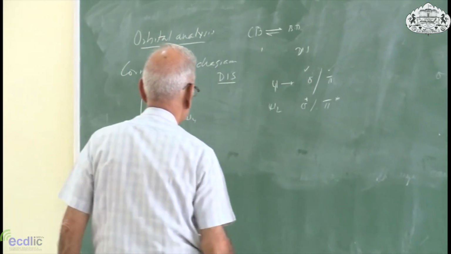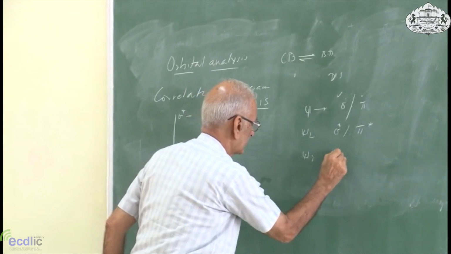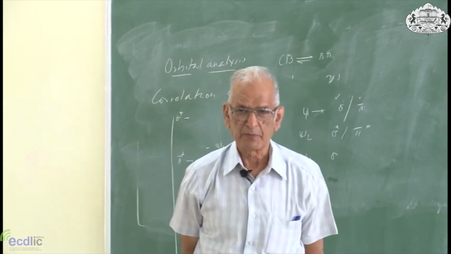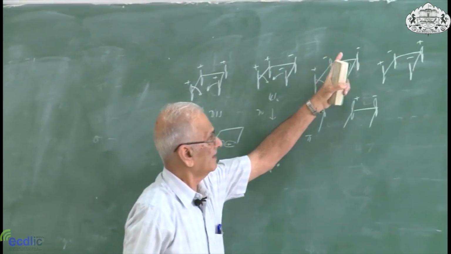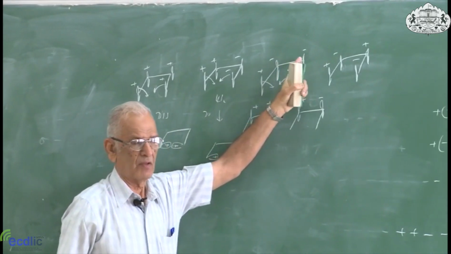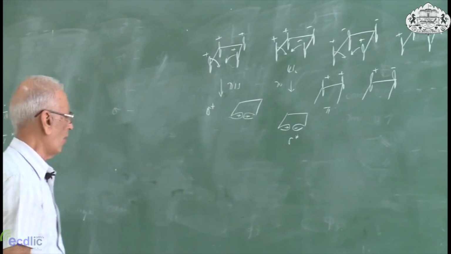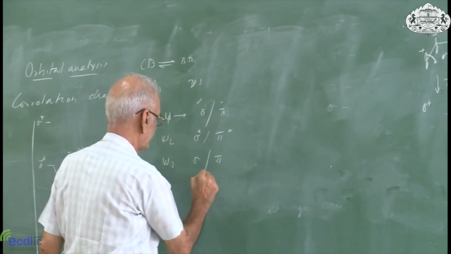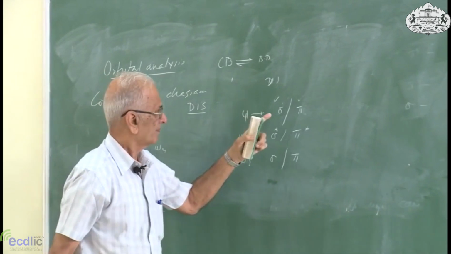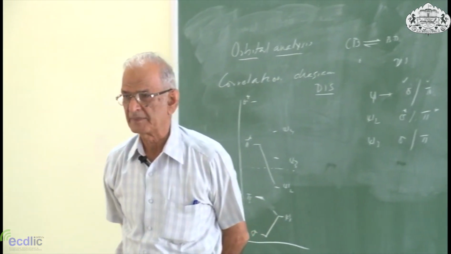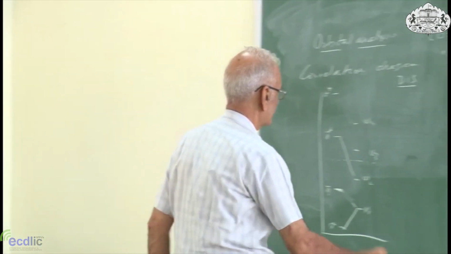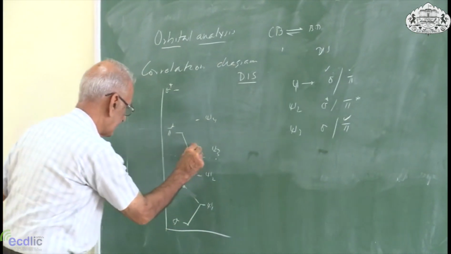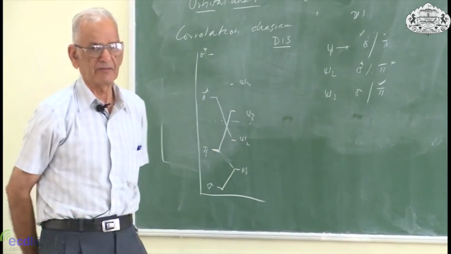So, psi 3 can correlate with sigma. If I look at middle orbitals, what is the sign? Sign is the same. Therefore, I can correlate with pi. But now what is the problem? Sigma is already occupied. Therefore, I cannot correlate with sigma. Therefore, I correlate with pi. So, psi 3 is correlated with pi.